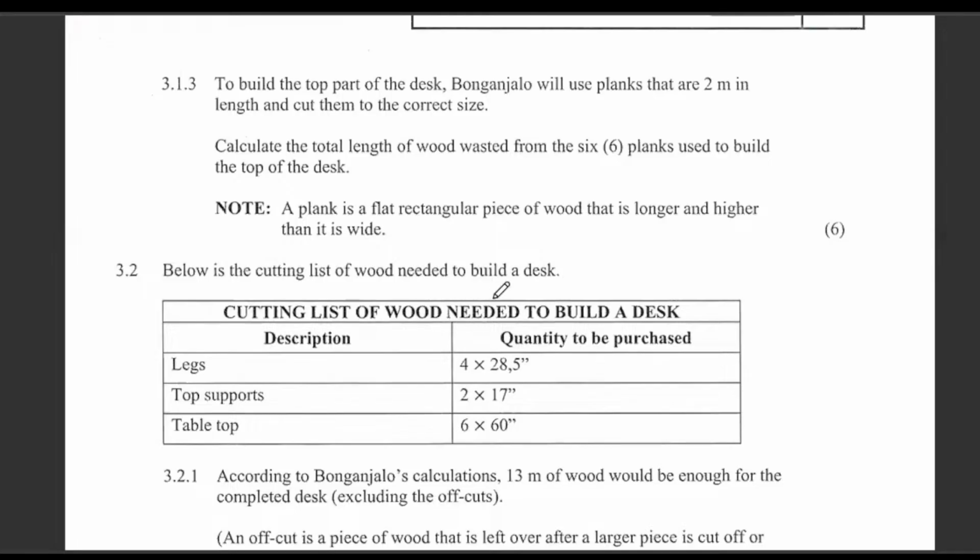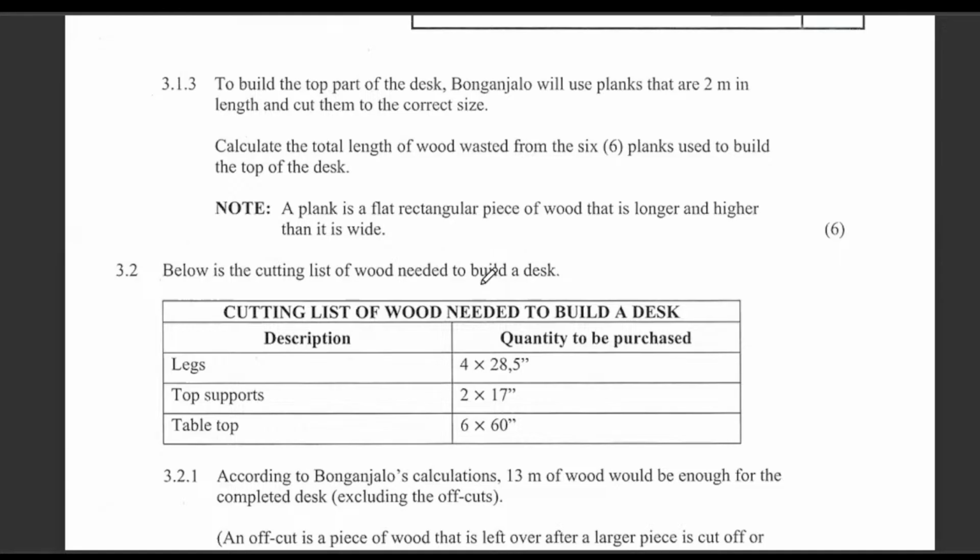Let's look at 3.1.3. To build the top part of the desk, the person will use planks that are 2 meters in length and cut them to the correct size. Calculate the total length of wood wasted from the 6 planks used to build the top desk.